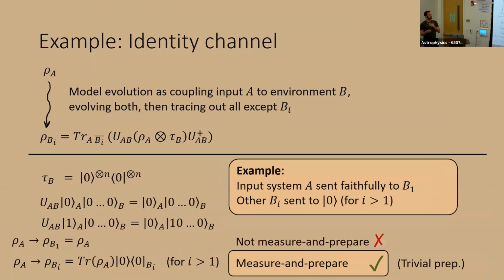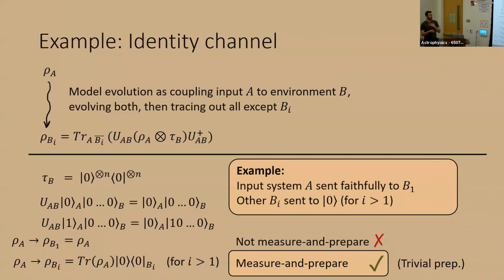Here's a very different example that will also need to satisfy the theorem, where we're going to use an identity channel. So again, just focus on this U here. We're going to send the 0 state to all zeros, and we're going to send the 1 state to something that has a 1 on this first output of B. So if we look at the evolutions to subsystems, we have row A just ending up at row B1. It's like we sent the entire qubit A to the first output.